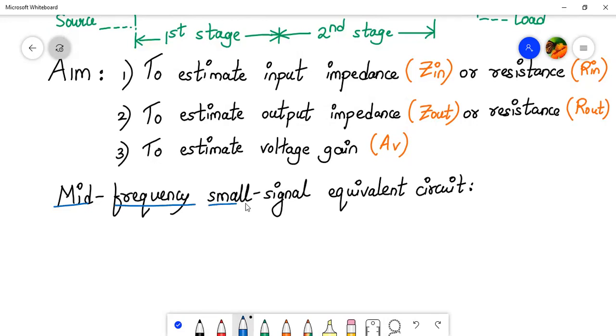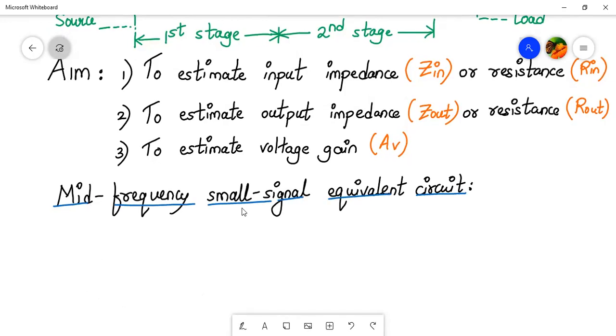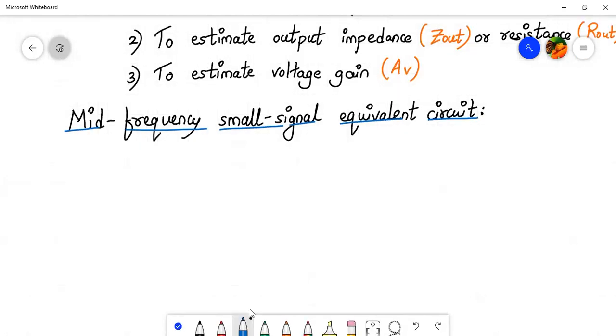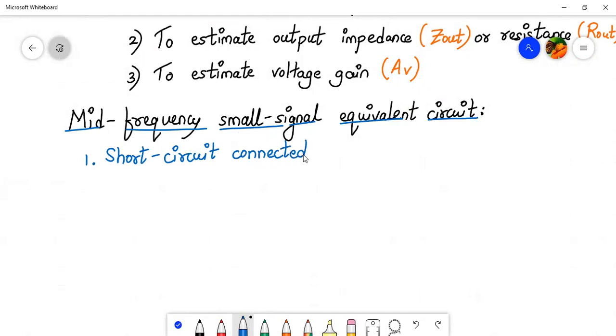To draw the mid-frequency small signal equivalent circuit, there are certain conditions which we have to follow. What are those conditions? The first condition is that we have to short circuit the connected capacitors in the form of coupling and bypass capacitors.